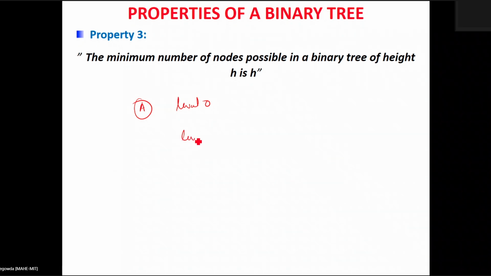Suppose at level 2, how many minimum nodes can I have? I can have only one. It may be the right child of A or the left child of A. Say for example, I am taking B, which is the left child of A.